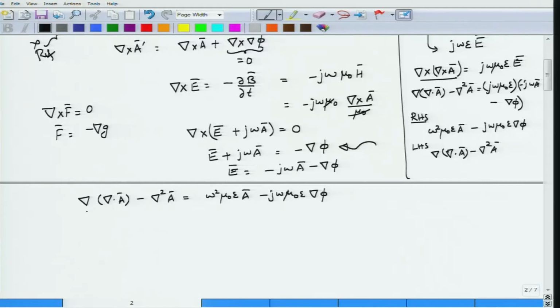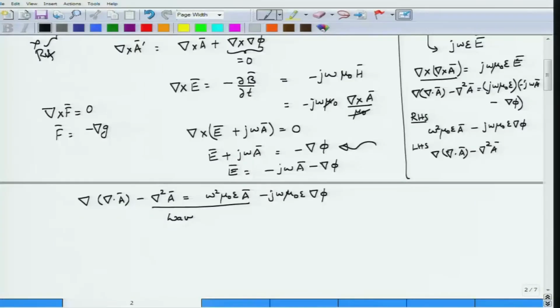So, you have a gradient of something over here, you have something here as well. This kind of reminds you of a wave equation, except that your wave is now A, right. This is a wave equation type equation, okay, in which A is the one which is waving.